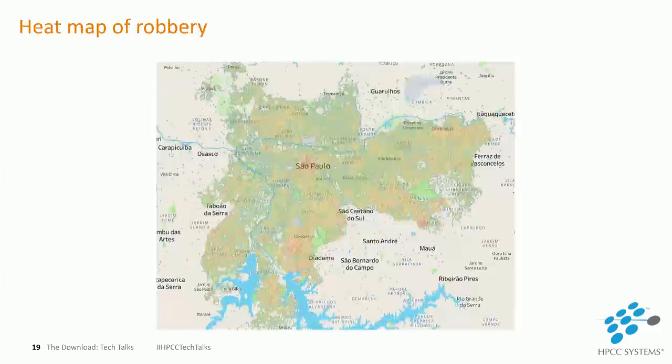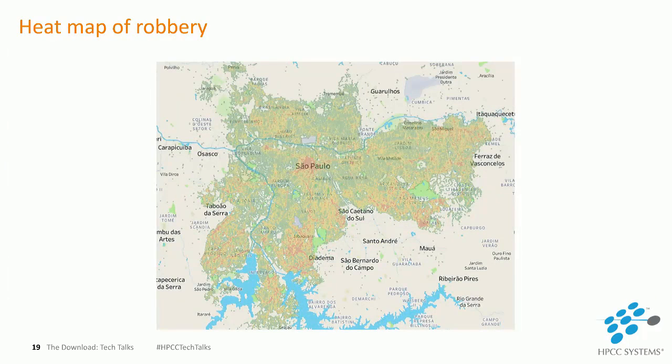Here, in the next one, we have a risk map. Having in mind that robbery was the most common crime in São Paulo, I made a map showing us where this type of crime most commonly occurs. When there is more red color in the map, it is where there are more registers.